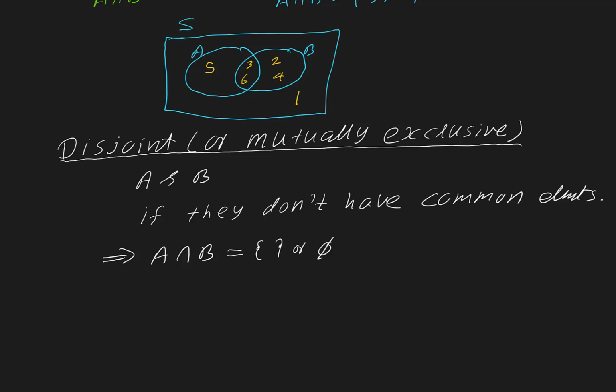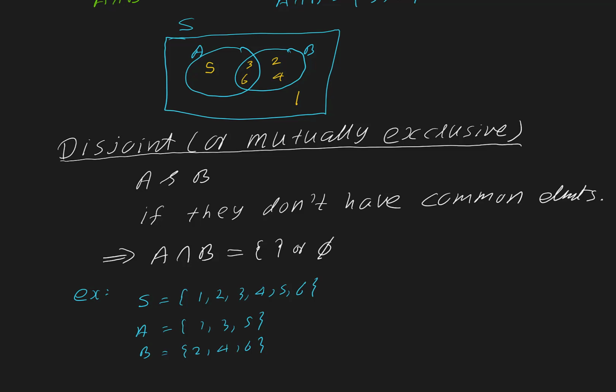As an example, S equals 1, 2, 3, 4, 5, 6. A equals 1, 3, 5. B equals 2, 4, 6.